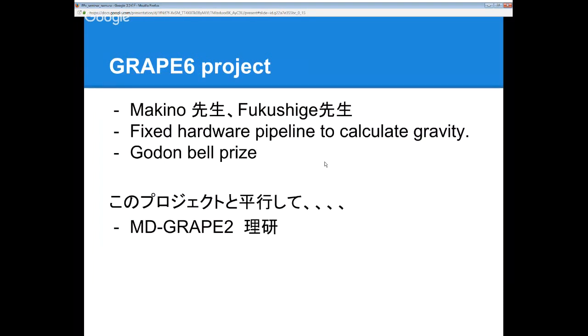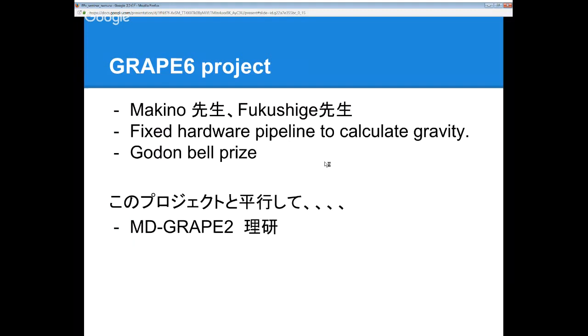Okay, next is about another project called GRAPE-6. GRAPE-6 has a fixed hardware pipeline to calculate gravity. It is special for the gravity calculation. It does not do any other calculation.